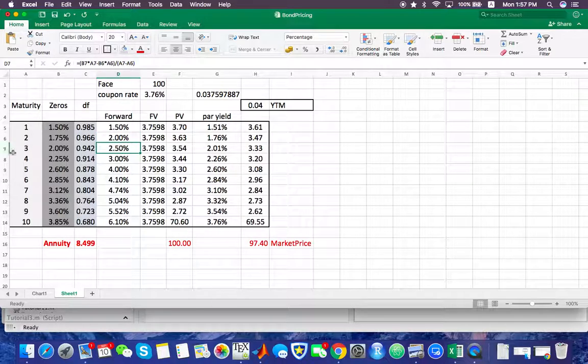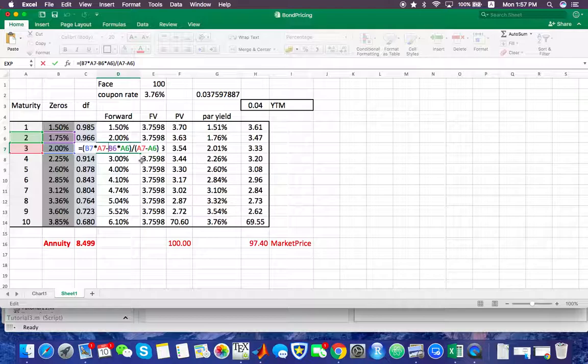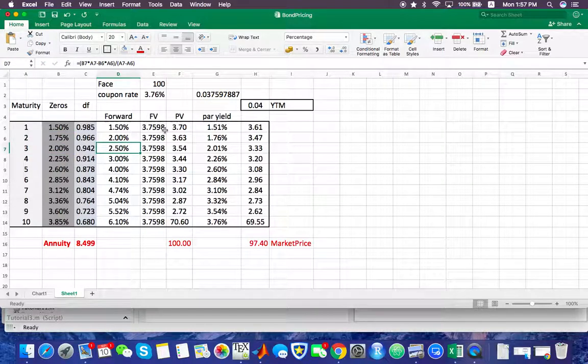And you can see that similarly we can calculate the forward rates for the other maturities in the future, again for 1 year time. And notice that here the future value, or in other words how much cash we receive each year, is given by the face value times the coupon rate.